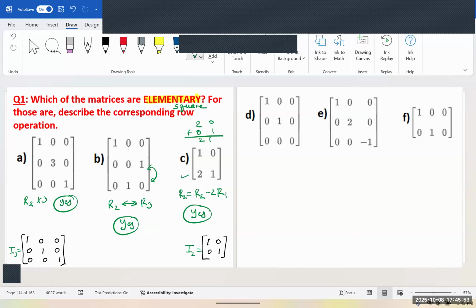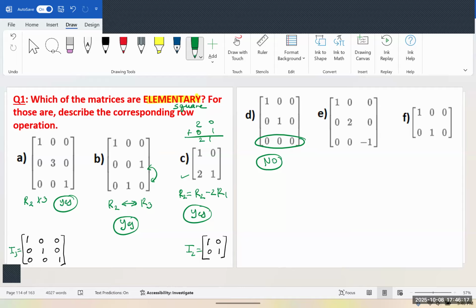Shibu. I don't think this is elementary. Why not? Because there's no way in the 3 row operations that we can make 0 0 0. Exactly. 0 0 0. We cannot get that from one elementary operation.